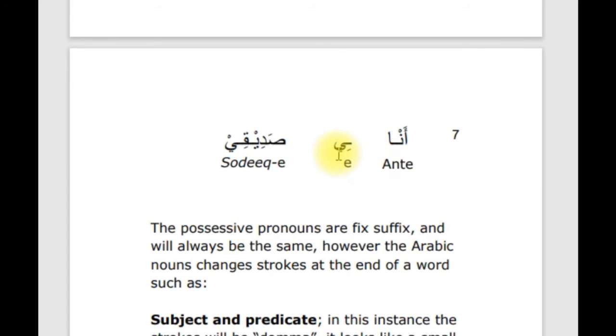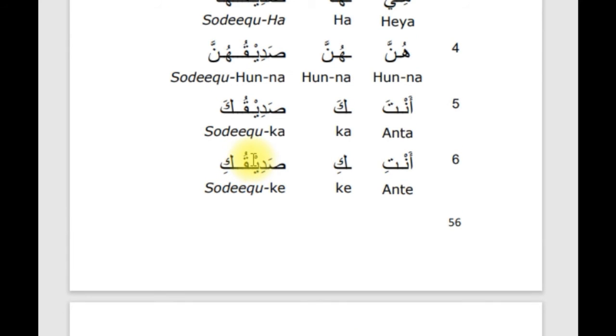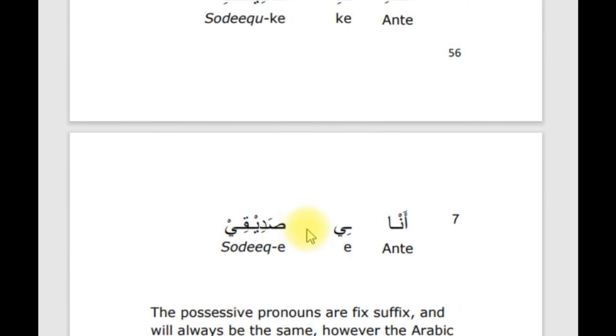Ana, I need to use the letter ya here, and in front of it must have a kasra, a stroke below. Sadiqi. Look at this, sadiq, but once I put the ya here, the ya is stronger, so I need to put a kasra, a stroke below. Sadiqi.